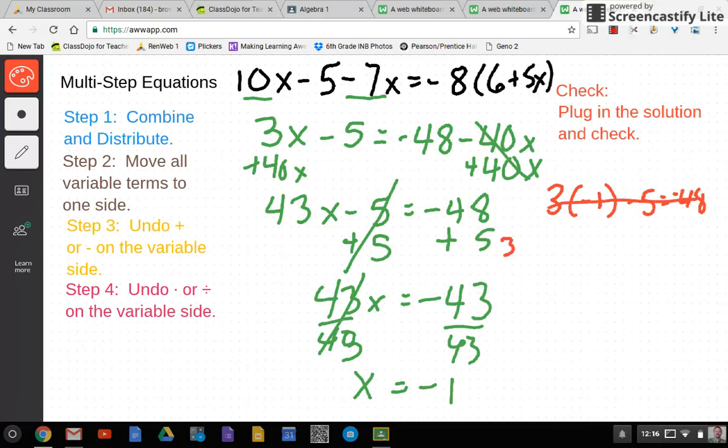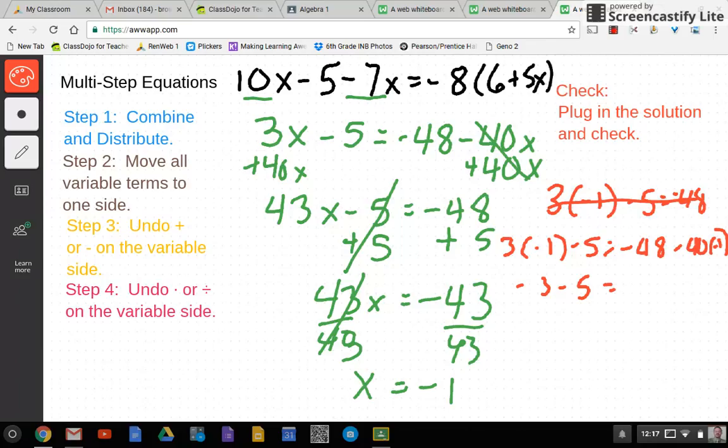So 3 times a negative 1 minus 5 is equal to negative 48 minus 40 times a negative 1, which barely fits in. So 3 times a negative 1 would be a negative 3 minus 5 is equal to a negative 48.